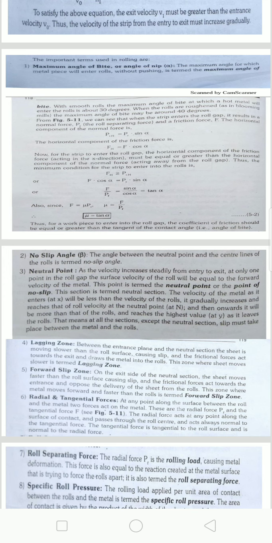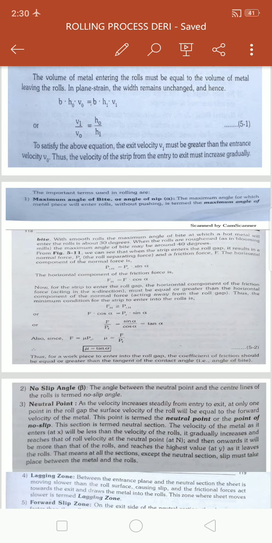Therefore, from the above relation, F cos alpha is equal to P sin alpha, so F by P_R is equal to sin alpha by cos alpha, that is tan alpha. Since F is equal to mu into P_R, mu is equal to F by P_R. Therefore mu is equal to tan alpha, equation 5.2.